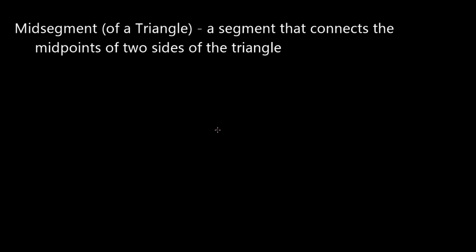So what it looks like is, if I have a triangle, the midsegment connects the midpoints of two of the sides. If I have a triangle ABC, and I find the midpoints, here's one and here's the other. If I connect these, call this D and this E, DE is a midsegment of my triangle.